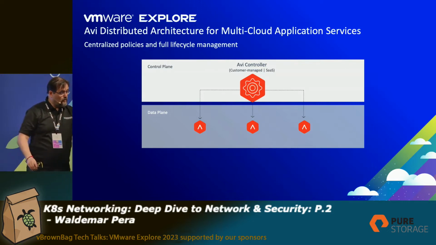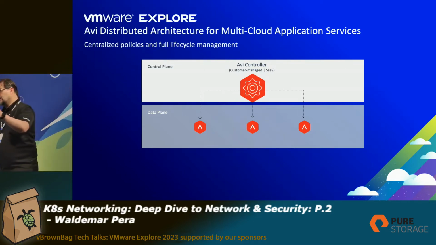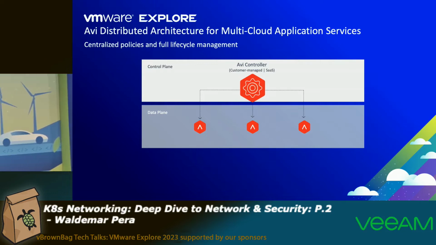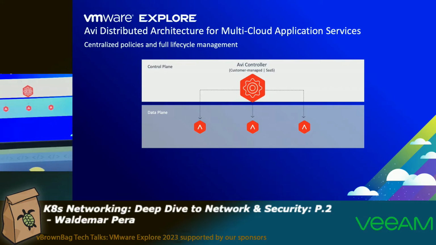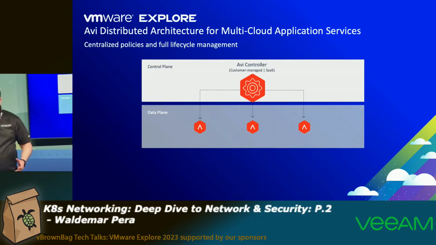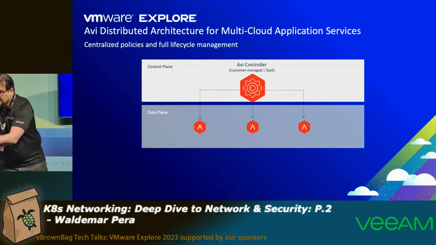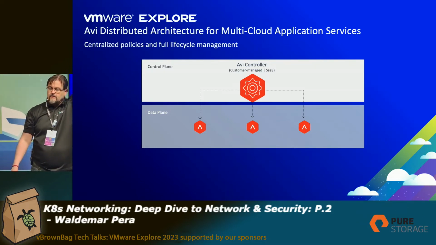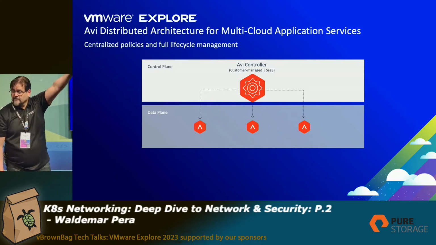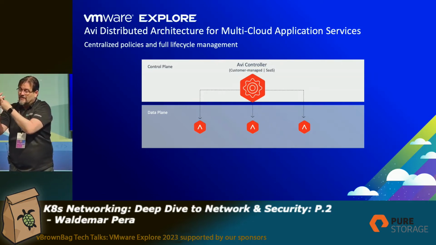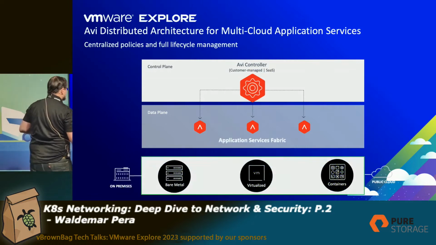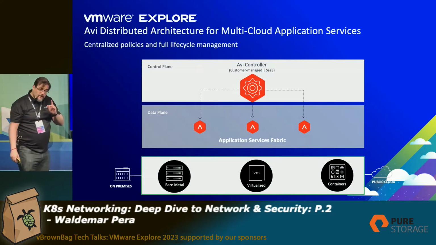It's possible on-premise, in the public cloud, on bare metal. Depending on the condition, I move the data plane where I need it. But I have a single way to control everything.